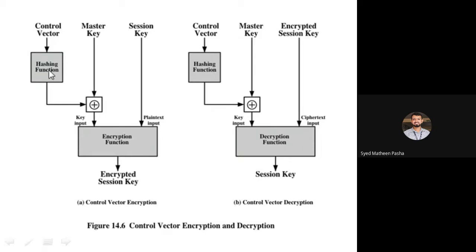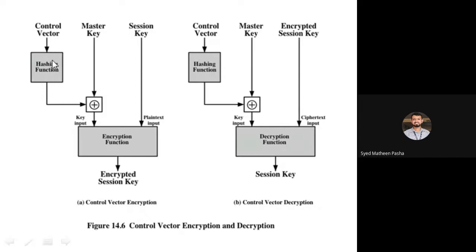What the hashing function basically does is take the input, the control vector input, and it is converted into one function and sent to the master key terminator. Basically, this symbol is called the master key terminator, which filters the master key. Whatever key is required from the master key is filtered and sent to the encryption function.